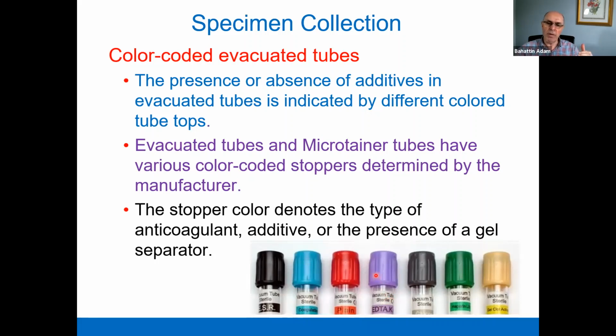Therefore, we call them vacutainer or evacuated test tubes. And as you see, these green stopper tubes include heparin. This one includes gel, for separation of serum from the clot.